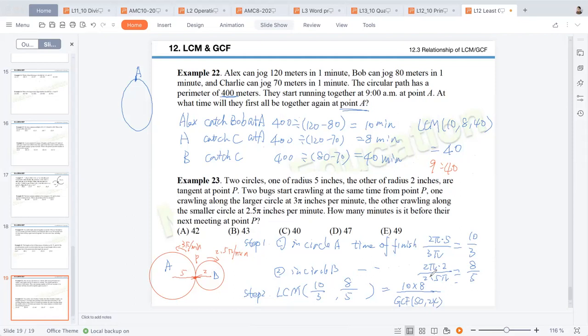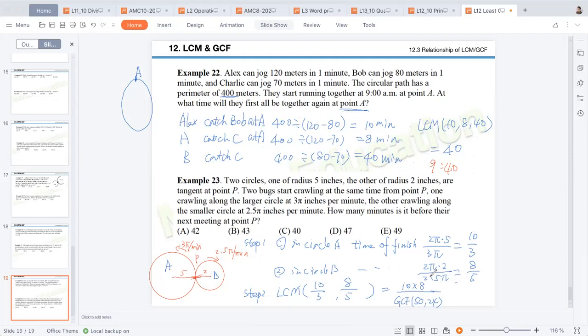So I talk about step 1. I need to find the time to finish one circle. Yeah, Aaron gave me the right answer. For bug A to finish one circle, it is the distance divided by speed, right? That means 2 pi times 5, this is the distance, divided by the speed, 3 pi.